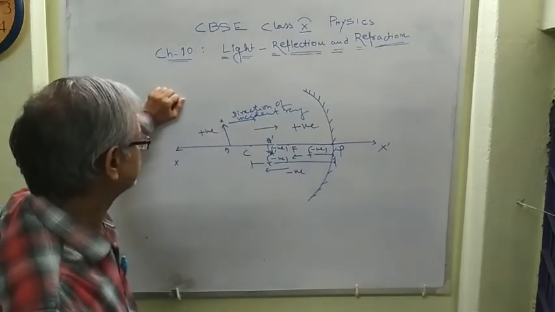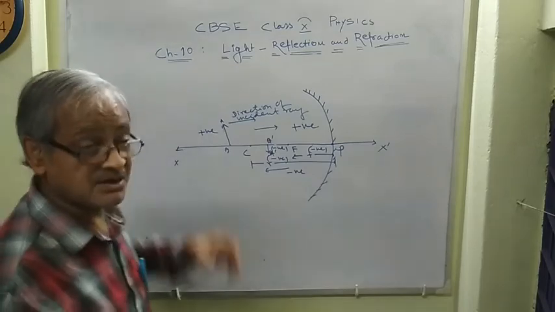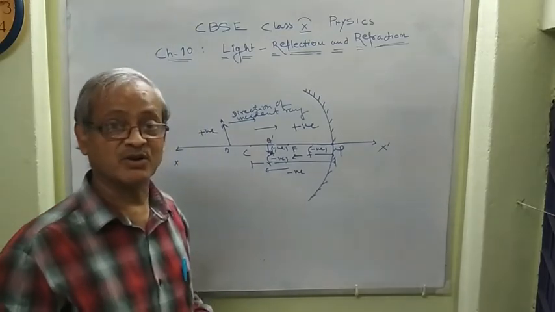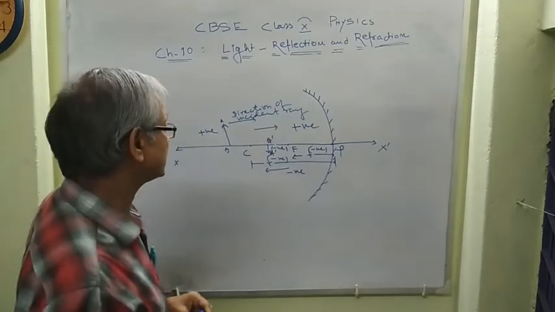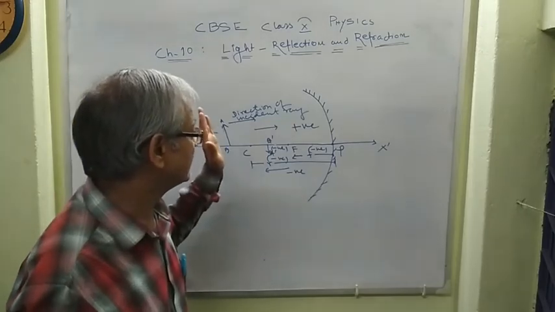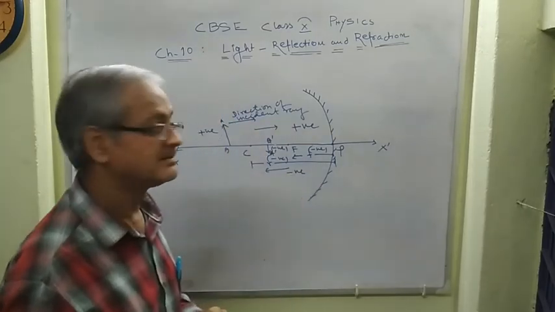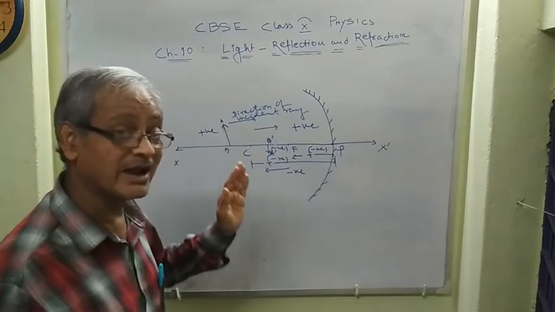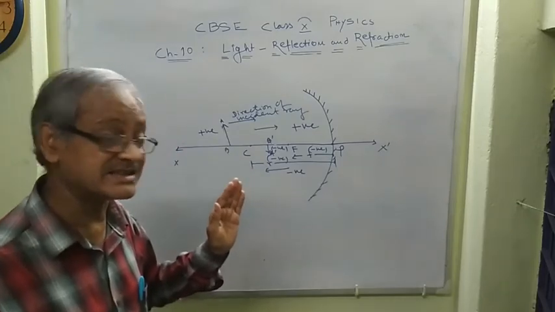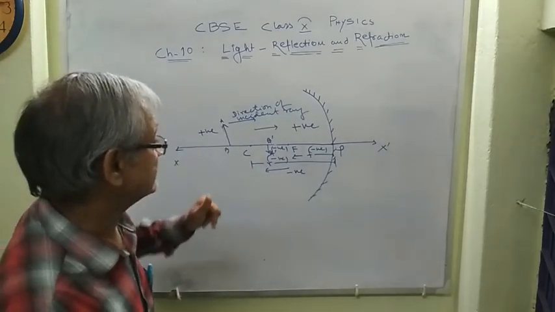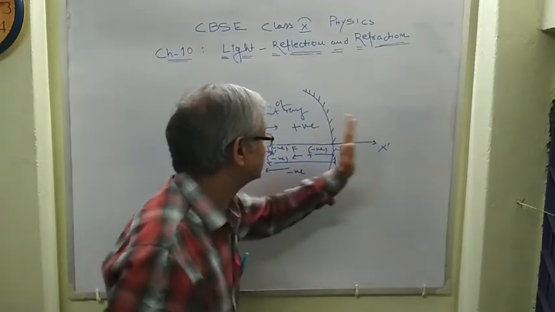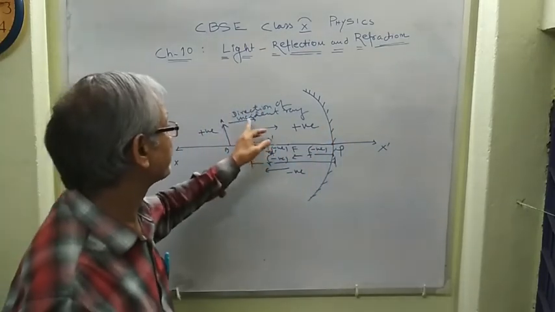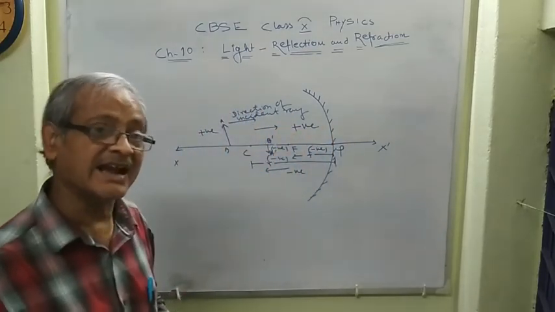Right? In this case, for an erect object, we see a virtual image. The virtual image will be behind the mirror, and hence when we measure the image distance from the pole, its direction will be along the direction of the incident ray, and hence it is positive.